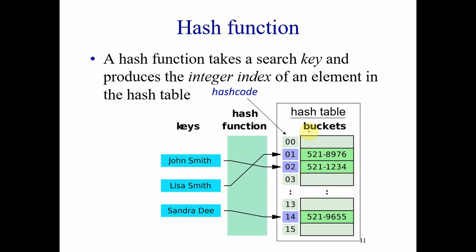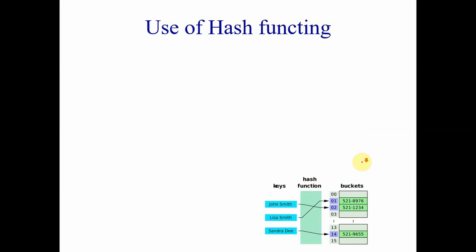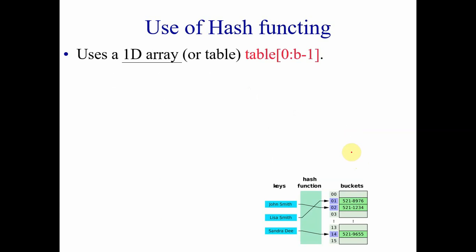Now there is a term called buckets. This is individual buckets. It is used to contain the individual values. So if we look at the hash function, simply speaking, we use a one-dimensional array to store the content, and each position of this array is a bucket, as mentioned.